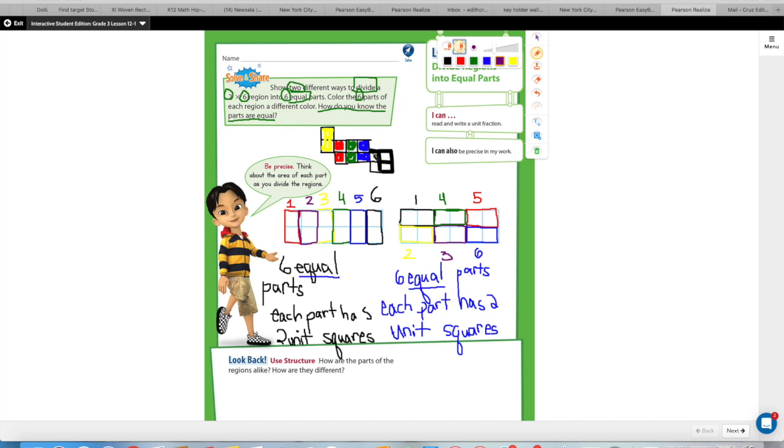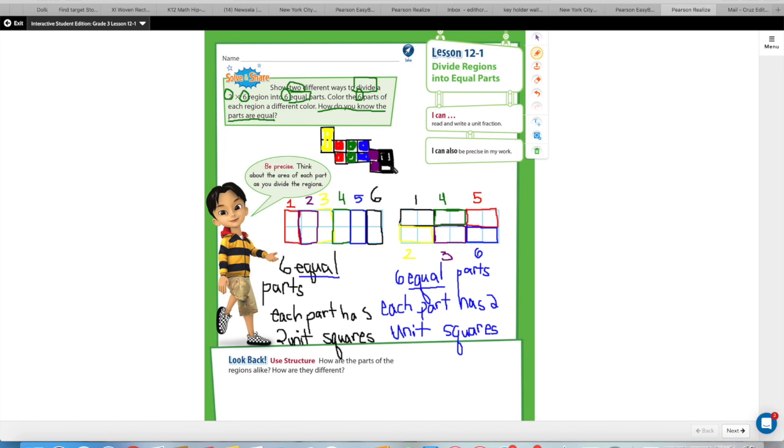So we have 1 yellow part. The second part is red. The third part is green. The 4th part is blue. The 5th part is purple. And the 6th part is going to be black.